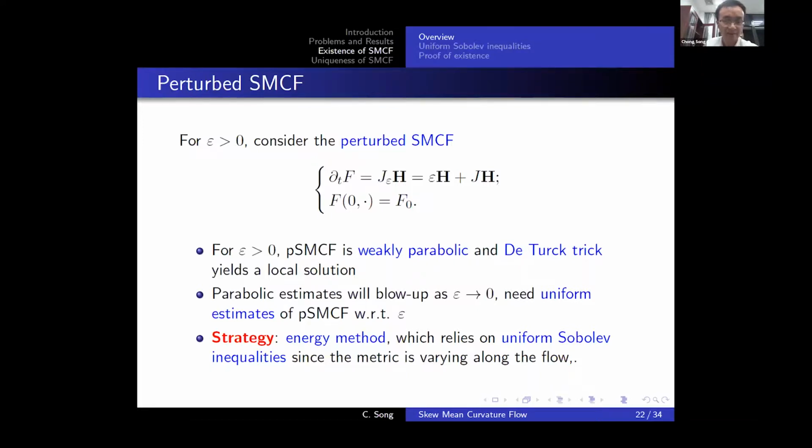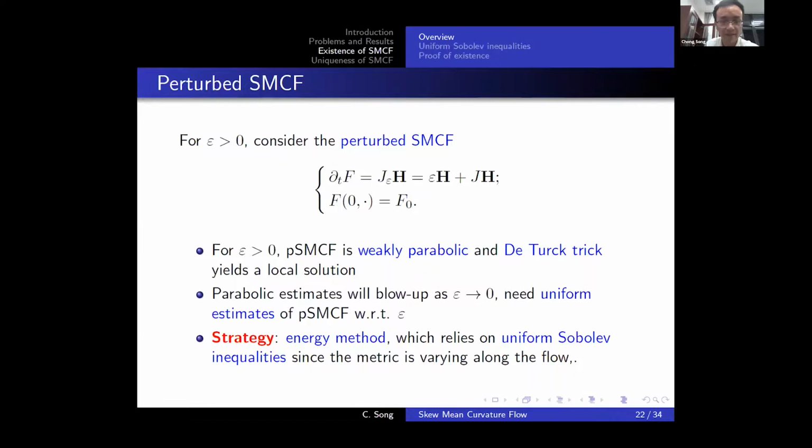The existence is proved by a rather regular method. We don't have an existence theory for nonlinear Schrodinger type equations directly. So we perturb this equation by adding the mean curvature.